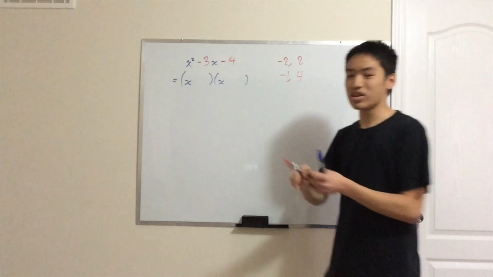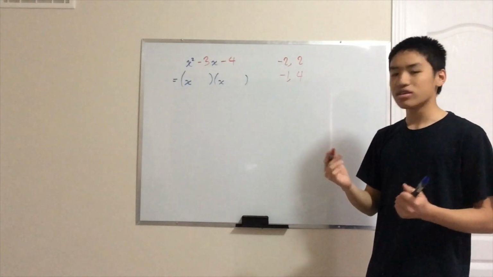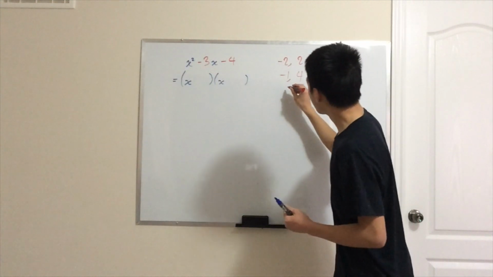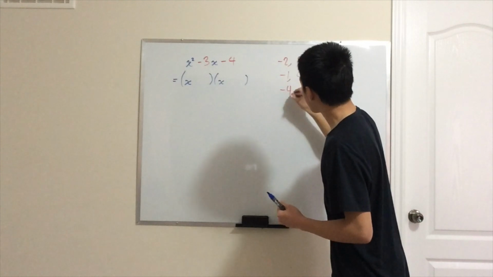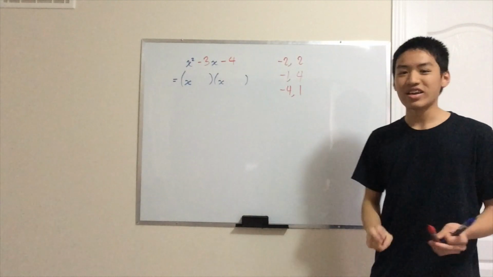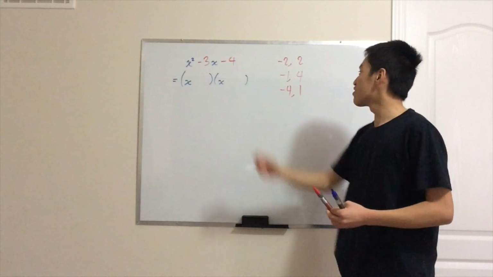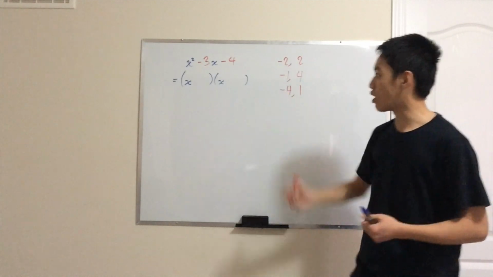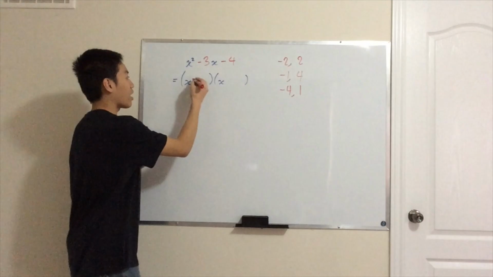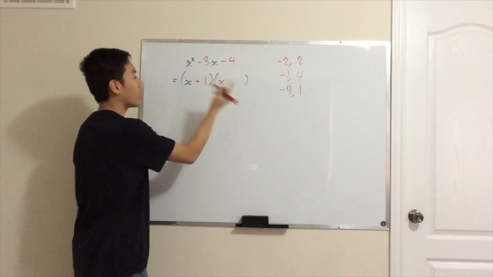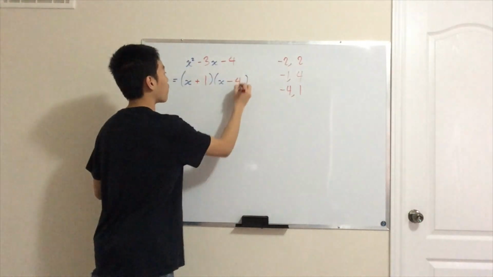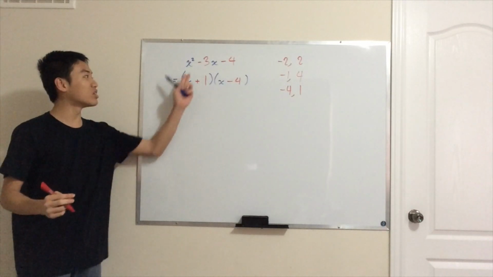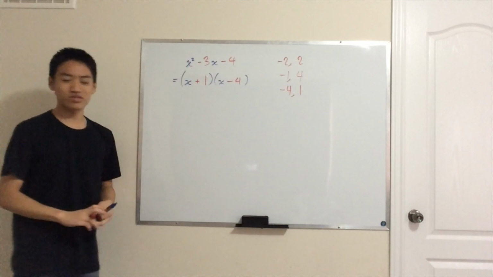We have a negative 3 here for the coefficient. And here's the correct combination. It's actually going to be negative 4 and positive 1. You multiply them, you get negative 4. You add them, you get negative 3. So now we can just plug it into our formula. It's just x plus 1 and x minus 4. And you'll see if you expand it, you do indeed get back up here.